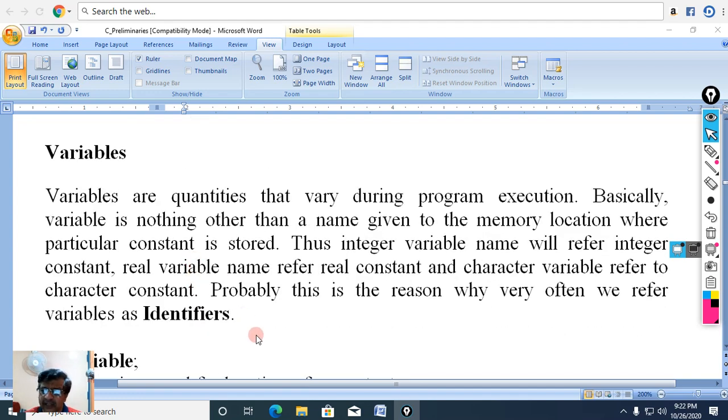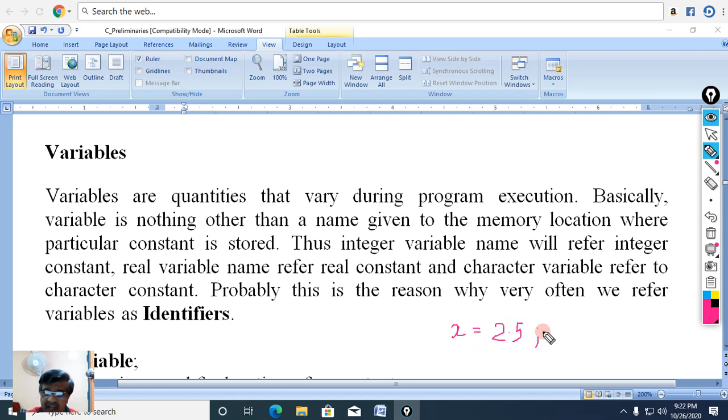Variables are the quantities that vary during the program execution. Their values will change. Basically, a variable is nothing other than a name given to a memory location where a particular constant is stored. If I say x equal to 2.5, then I am telling the computer that there is a named location called x where 2.5 is stored. 2.5 constant is stored.